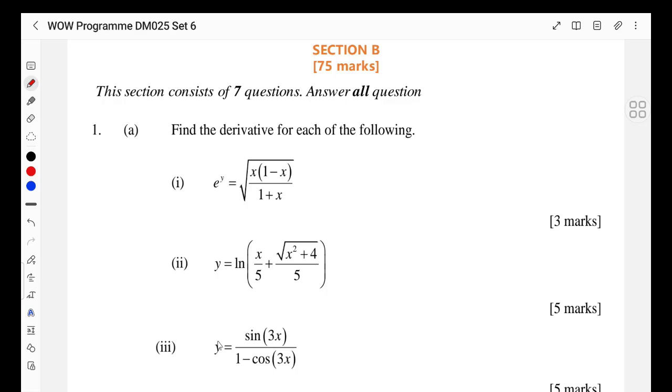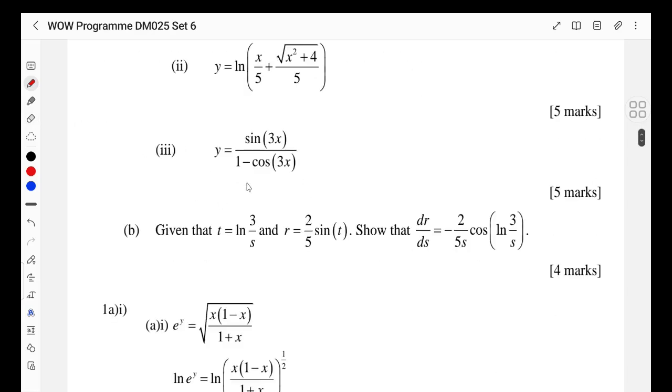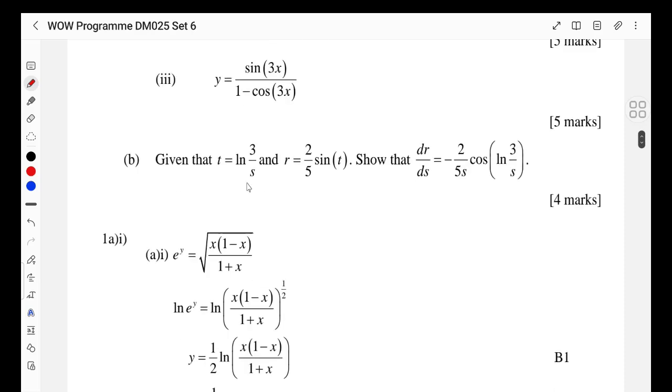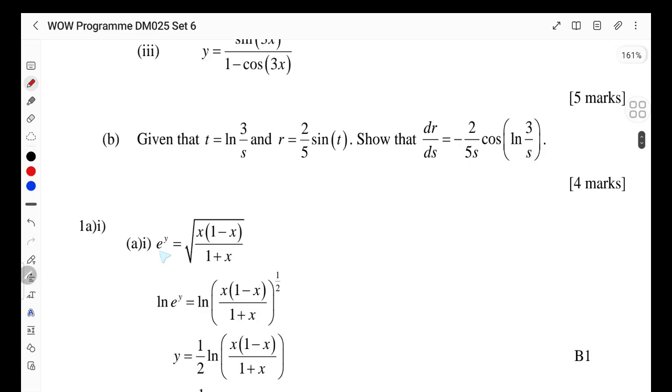So we have three functions here, all y in terms of x. Okay, we look at 1a1 first. How to find the derivative for 1a1? Okay, so for 1a1, they give you this function, e power of y equals square root x times 1 minus x over 1 plus x.